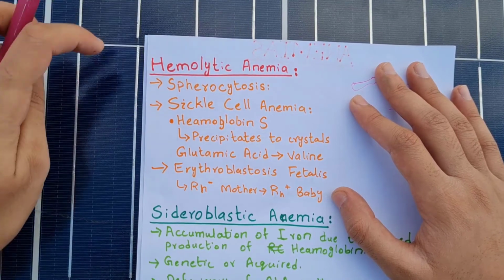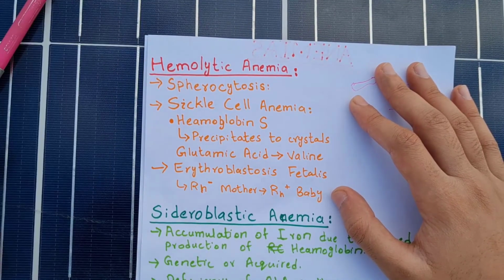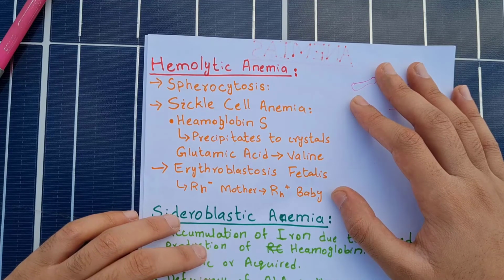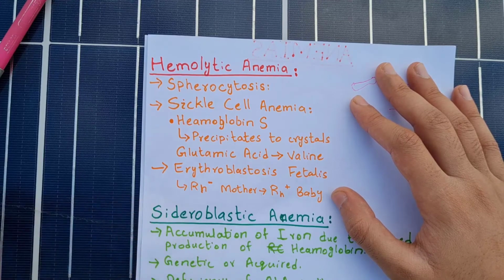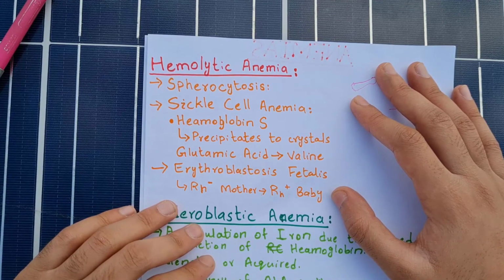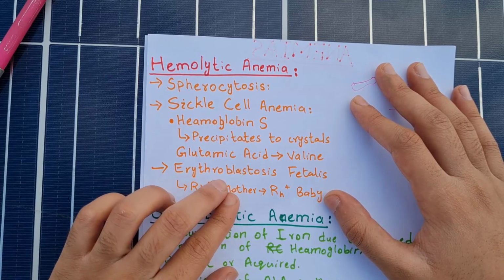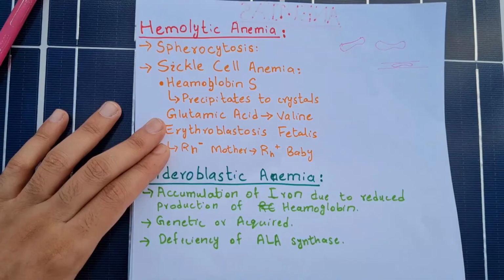This leads to erythroblastosis fetalis. In such conditions, the number of RBCs in the baby is greatly reduced. To compensate for this reduced number of RBCs, many premature RBCs known as blasts are released in the bloodstream of the baby. That is why this condition is known as erythroblastosis fetalis.